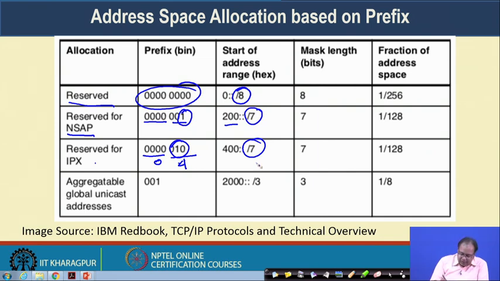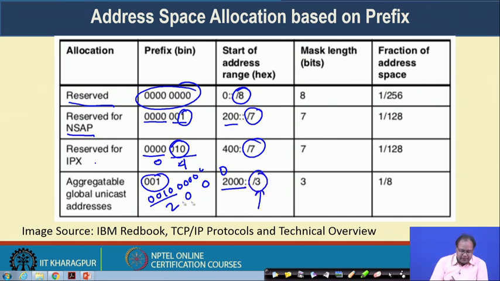Then if the first 3 bits are 001, that means the address is 0010 0000, then all zeros, that is the first hex part. The first hex part becomes 2 and then all the 4 hex digits are 2000, and your prefix is /3.